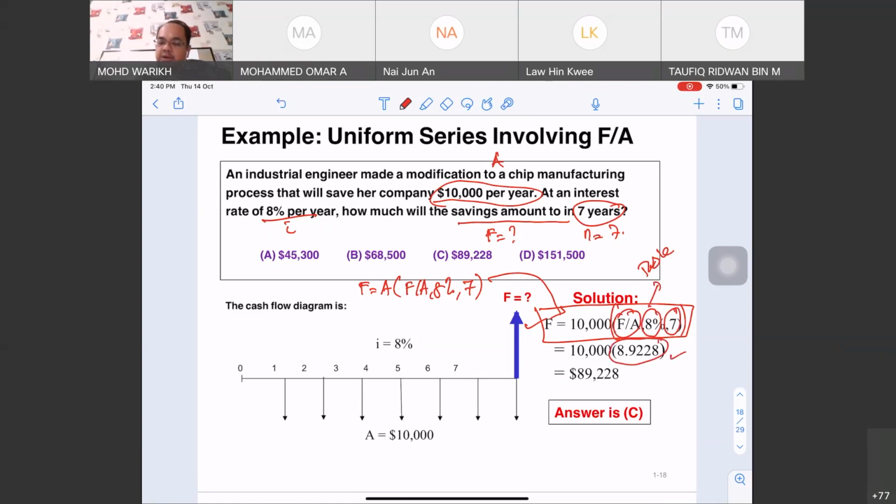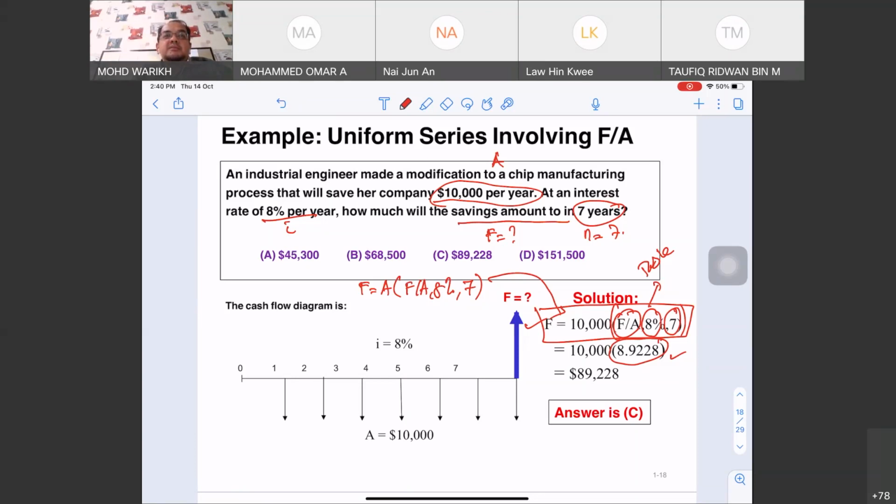Excuse me, doctor. Yes. Why is the arrow in the 7th year pointing upward as a cash inflow? Because the amount is savings. How much will the savings amount to in 7 years? So you save the money.